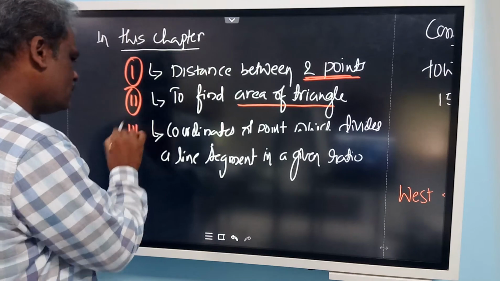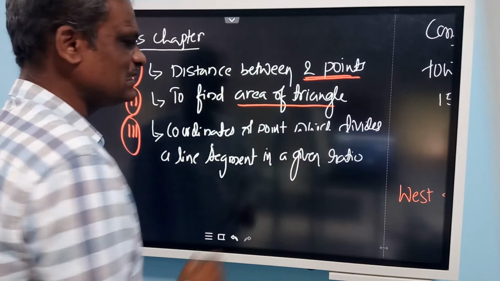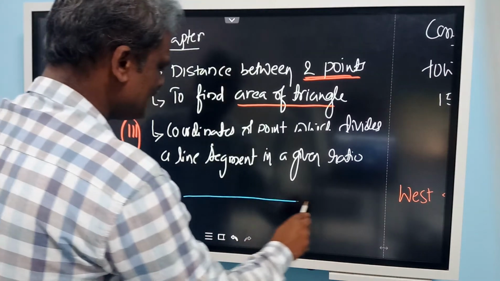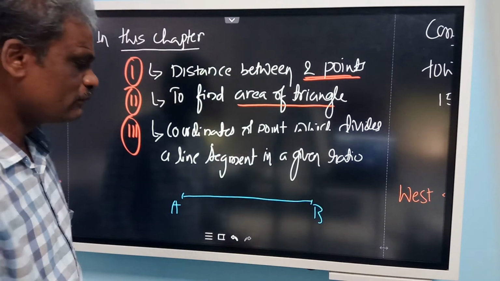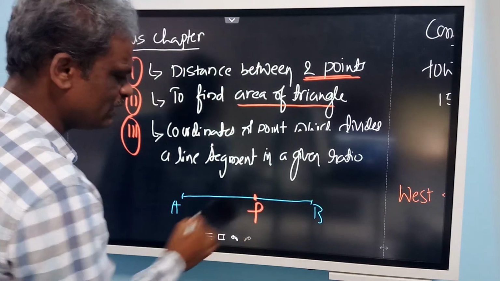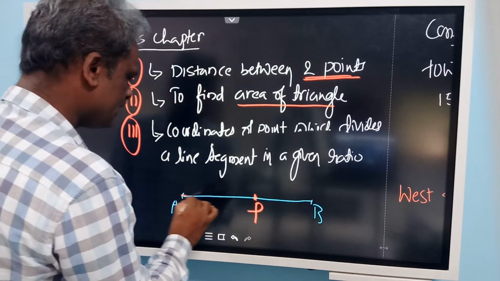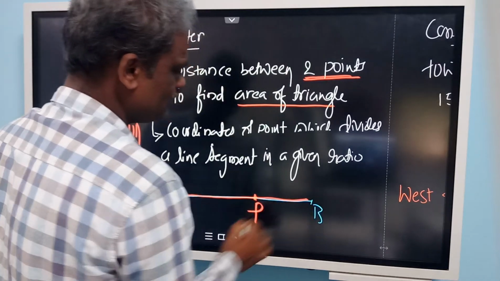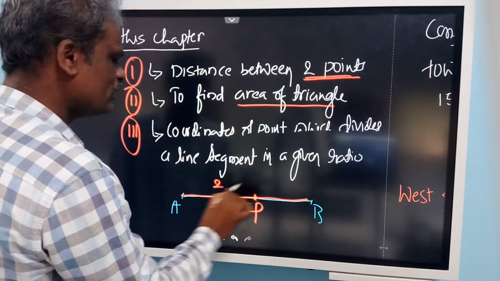Then the third point, we are going to find the coordinates of a point which divides a given line segment in a given ratio. Suppose a line segment is given, with A and B as the 2 points. Now I am going to select one point P somewhere in between. This point P divides AB into 2 parts. One is AP, another one is PB. In what ratio it is divided, maybe 2:1.